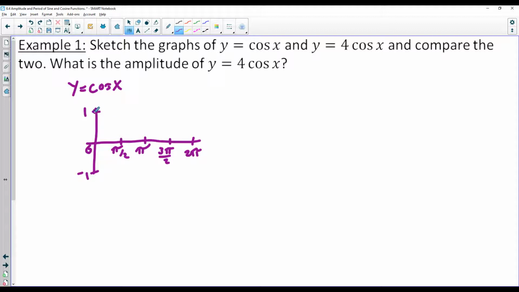And for cosine, we start up here, then we work our way down and come back up. And that's all that one was.